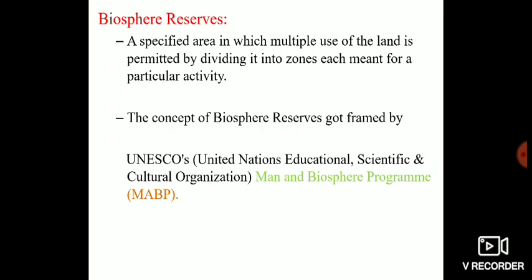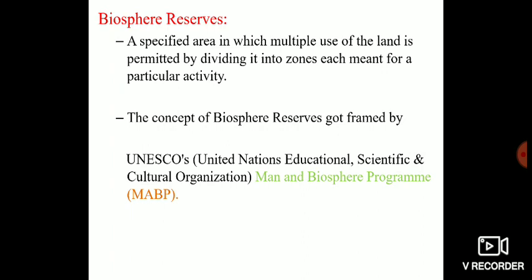So let's move on with the concept of biosphere reserves. A biosphere reserve is a specified area in which multiple use of the land is permitted by dividing it into zones, and each zone is meant for a particular activity. If you have a large area which is rich in biodiversity, you want to get benefits out of this biodiversity, and at the same time you want to conserve it.